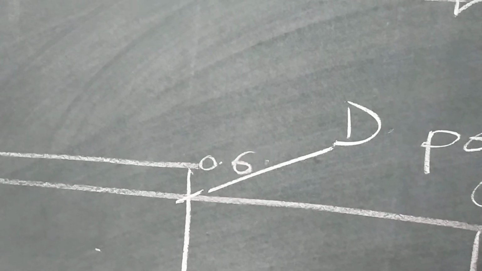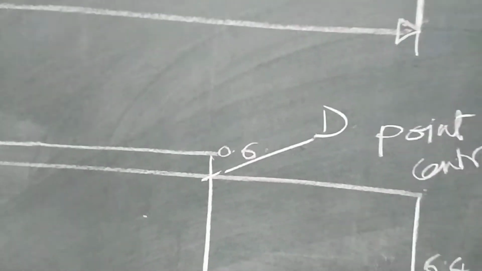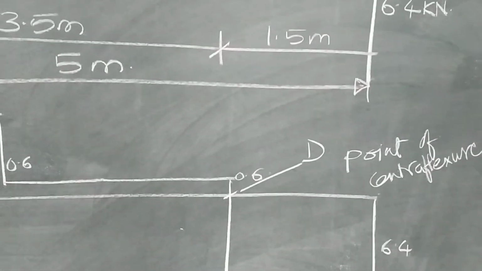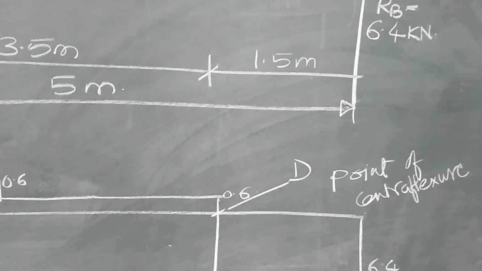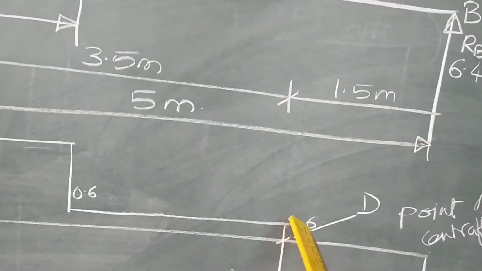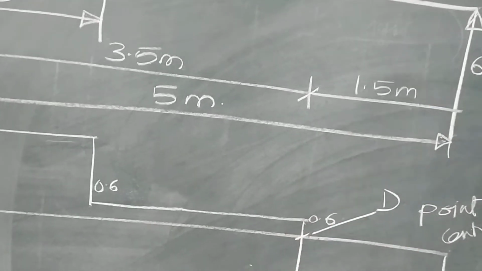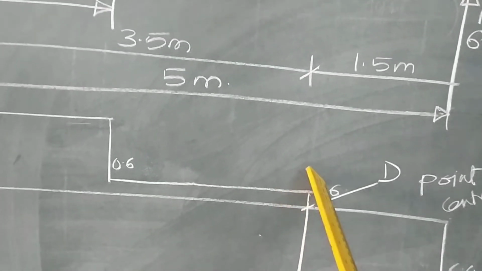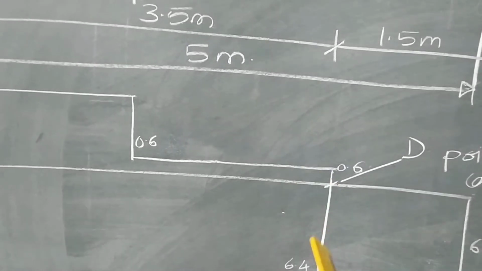It is a point where bending moment is maximum. So, let us find out whether truly at point D we will get highest bending moment or not, because at this point shear force diagram changes its sign from positive to negative.